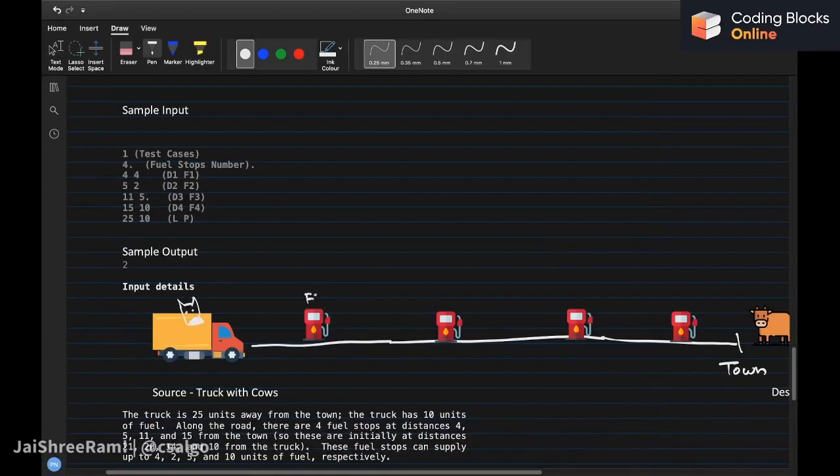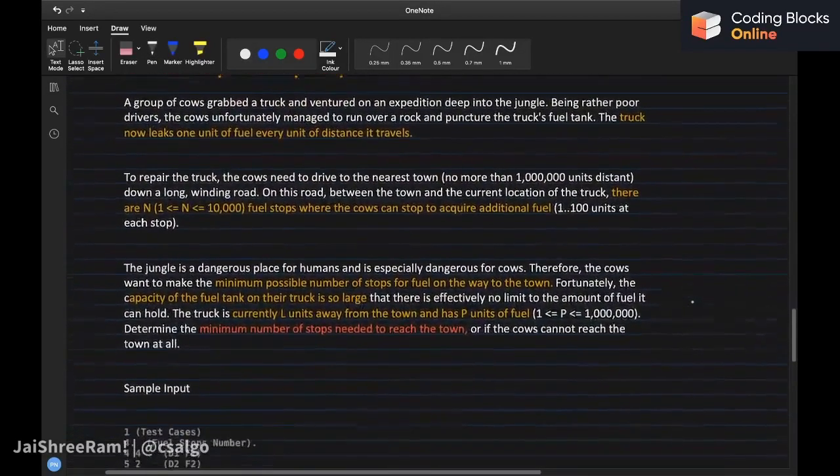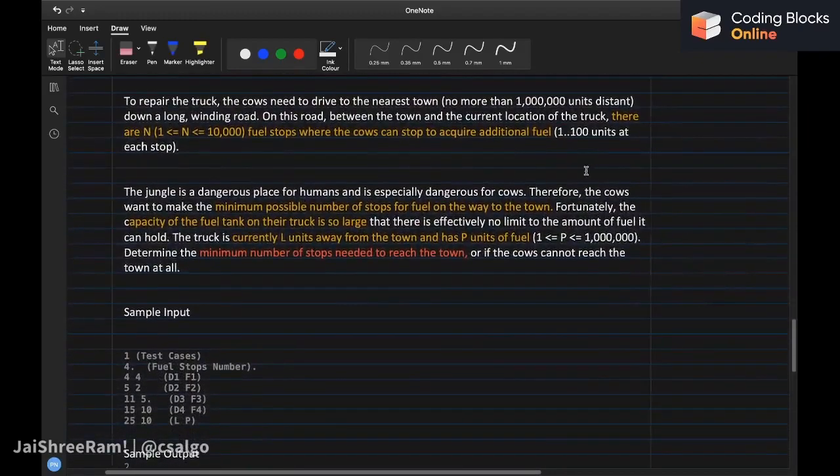This is fuel station F1, this is fuel station F2, F3, F4. There are fuel stations from which you can acquire additional fuel, and the maximum fuel available is 100 units at each stop. The jungle is a dangerous place for humans and for cows. Therefore, cows want to make the minimum number of stops for fuel on the way to the town.